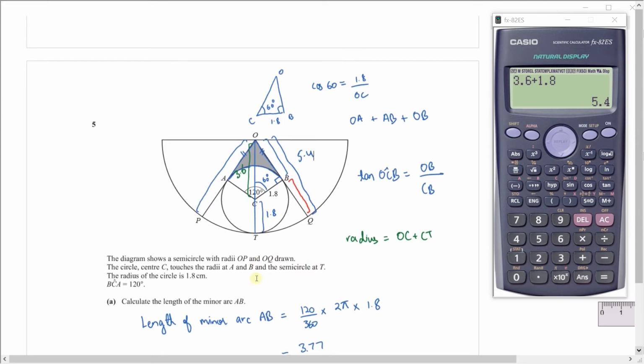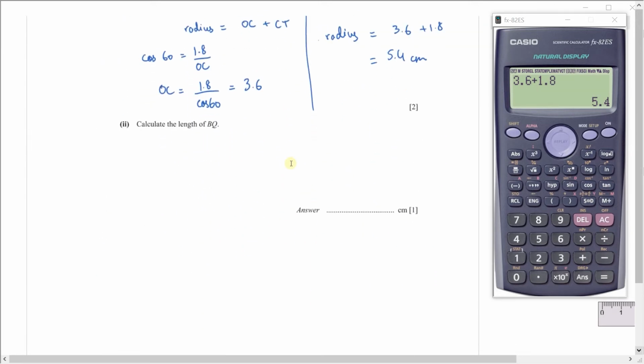We calculated it in part B. So this length here is 3.12. So this 3.12 plus BQ should equal 5.4, the radius of the larger semicircle. So BQ will be 5.4 minus 3.12. So 5.4 minus 3.12 is 2.28.